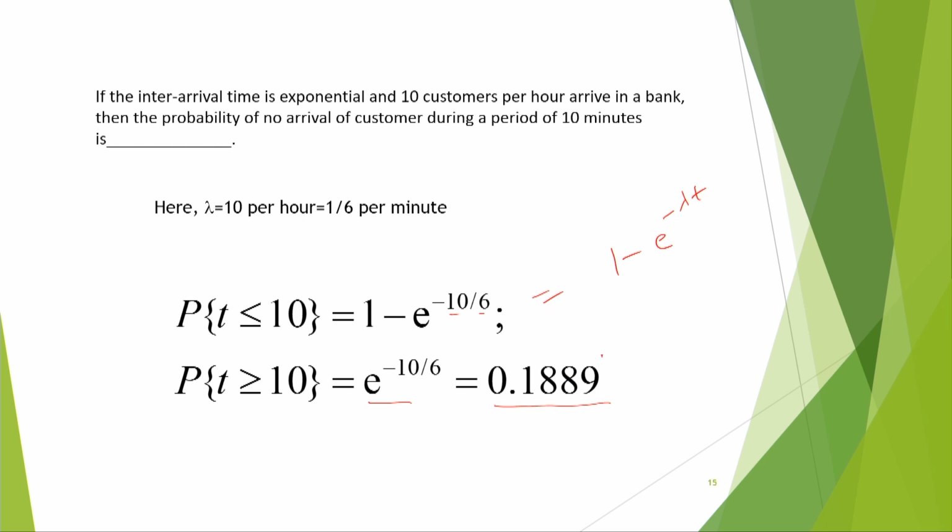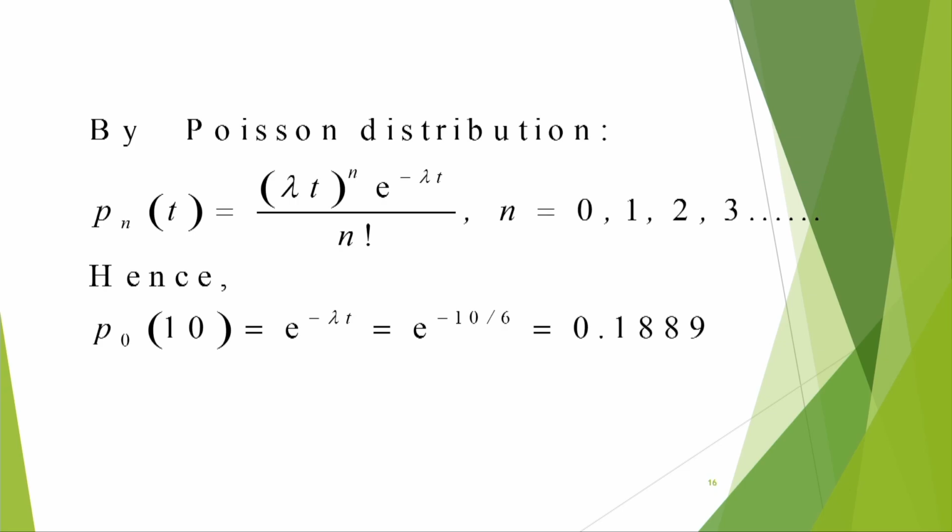So, the probability that no customer will arrive in this 10 minutes is very small. Because anyway 10 per hour means basically in 6 minutes on average you expect one customer. So, the question is that sometimes there is no customer in 10 minutes, that is possible, there is a possibility, but it is 0.1889.